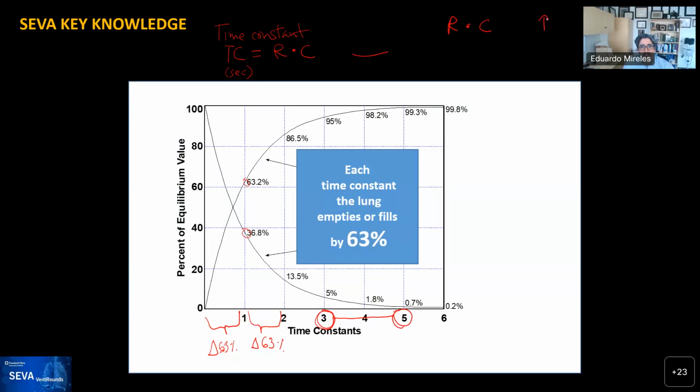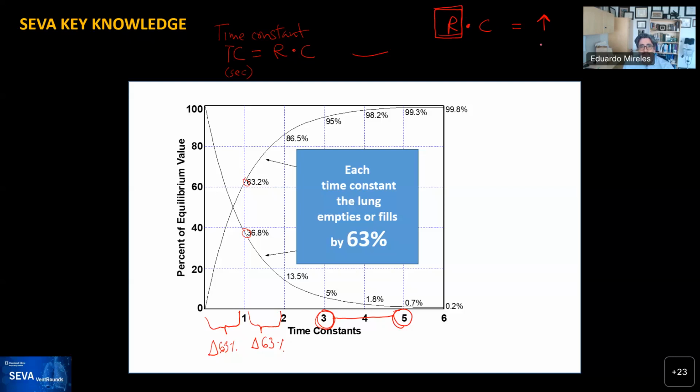On the contrary, if you see the time constant to be short, it means that one of these has to be low. And we know that low resistance has never been an issue. Actually, it's a good thing. Which means that the only pathological cause in the ICU is that if the time constant is short, your compliance is low.